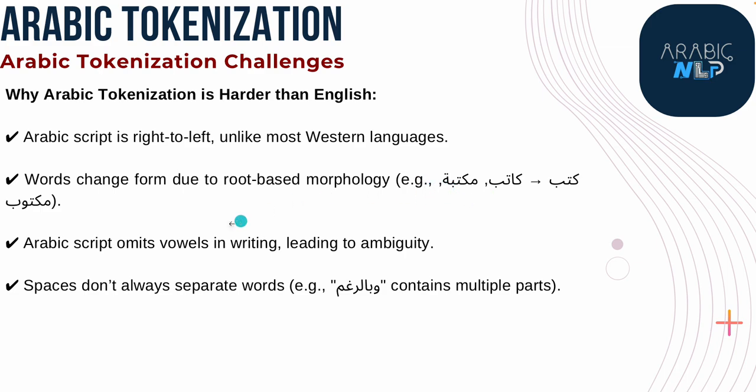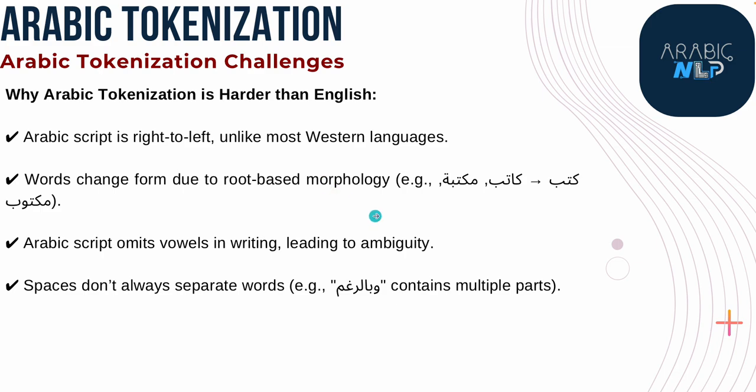And when I say maktub, it means written, so someone has already written these words. If the tokenizer is not trained very well, it might treat maktub, which is written, as completely unrelated to kataba, which is the root-based morphology of those words.